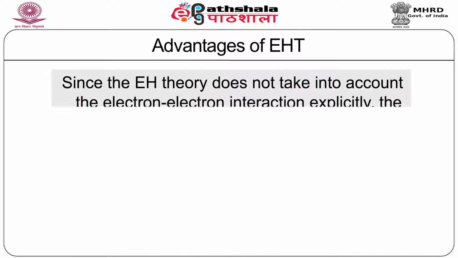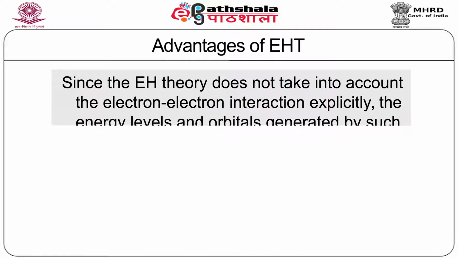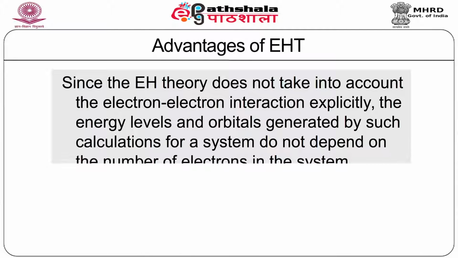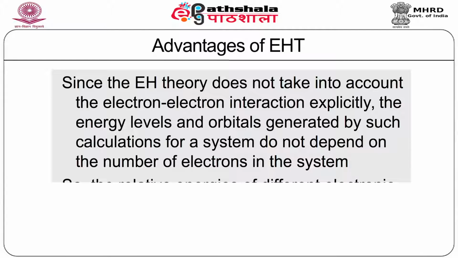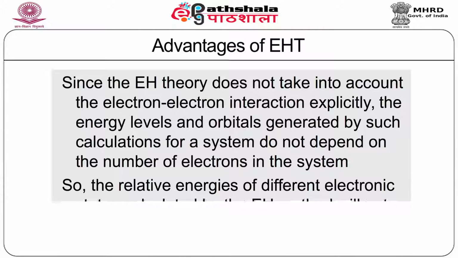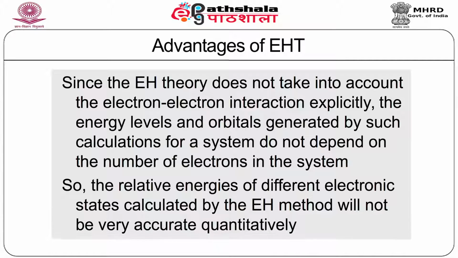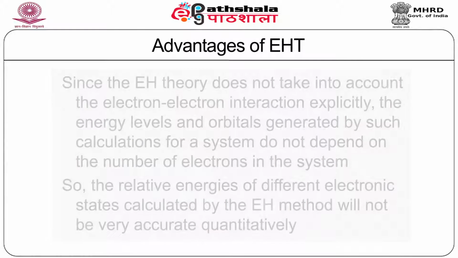Since the extended Huckel theory does not take into account the electron-electron interaction explicitly, the energy levels and orbitals generated by such calculations for a system do not depend on the number of electrons in the system. So the relative energies of different electronic states calculated by the extended Huckel method will not be very accurate quantitatively.